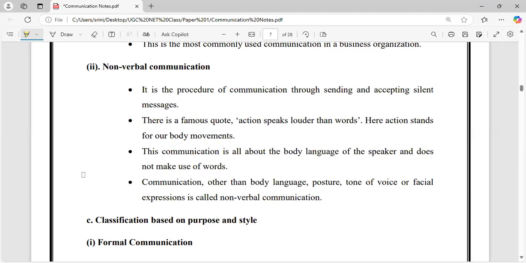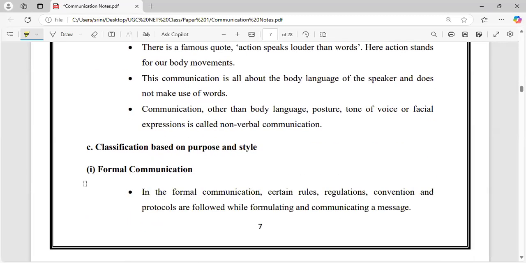Through their gestures and facial expressions, we can understand that they are not okay. This communication is all about the body language of the speaker and does not make use of words. Communication through body language, posture, tone of voice, or facial expressions is called non-verbal communication.